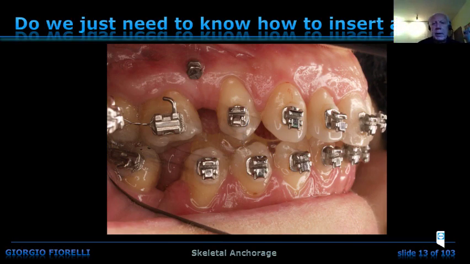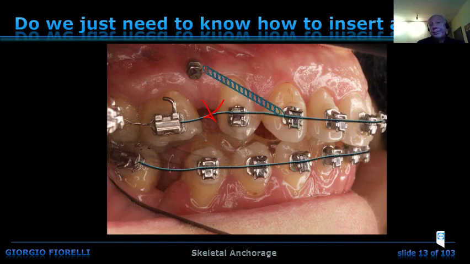This is a treatment I saw several years ago, and this patient was treated simply for retraction after having extracted teeth, using TADs. But this doesn't solve the problems of bad biomechanics.